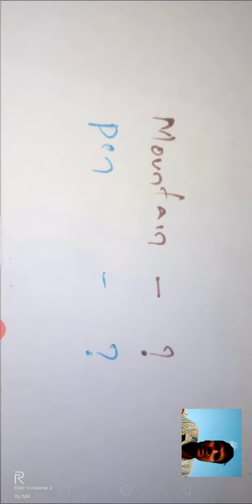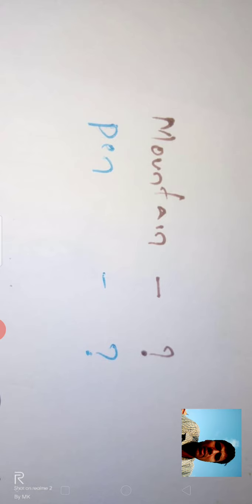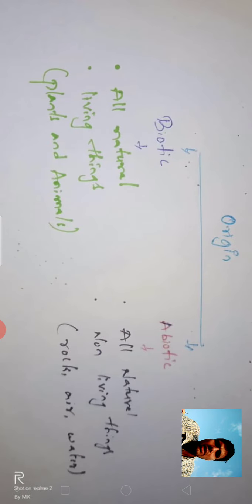Let us understand it more clearly. If you see a mountain and a pen, can anyone tell what these things belong to? The first thing that is obvious is that the mountain and the pen are both non-living things. So we think they can be abiotic, but no, because all non-living things cannot be categorized as abiotic. Abiotic means it should be natural and non-living, not just non-living.